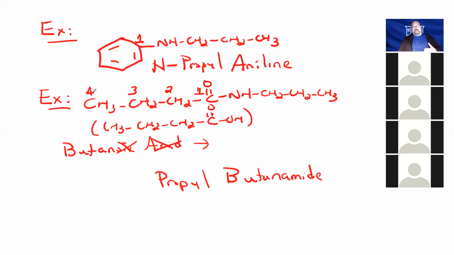How do we indicate that this carbon group is attached to the nitrogen and not to the carboxylic acid portion? We give it a location of N. So this particular amide would be known as N-propyl butanamide. N-propyl butanamide.